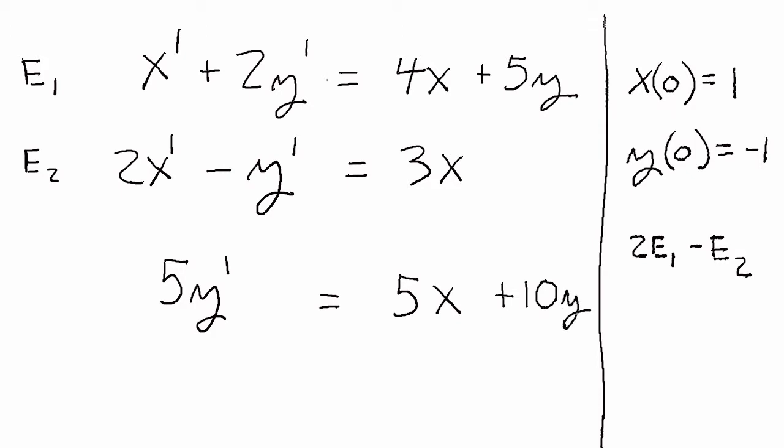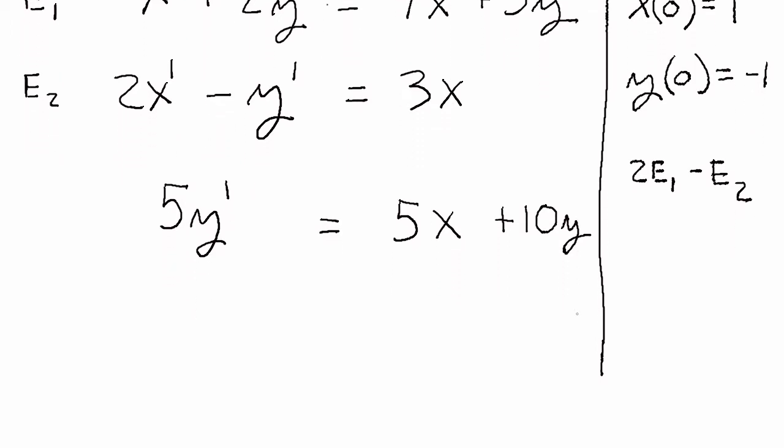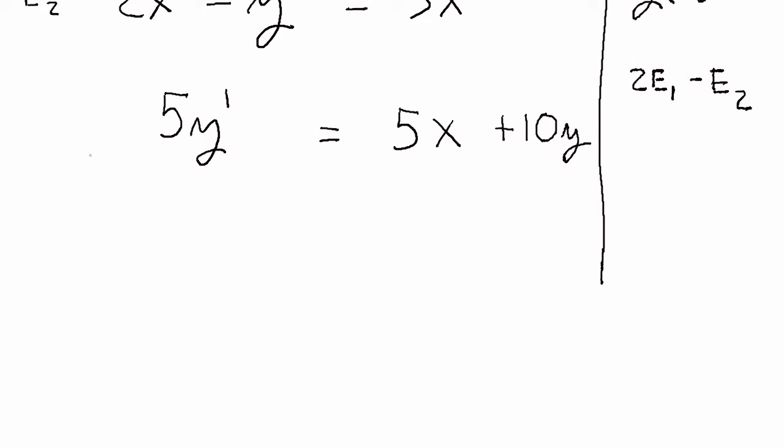The idea of this technique is that I'm now going to solve this equation for x, and then I'll be able to find the derivative of x in terms of y. If I solve this equation for x, I get that x is equal to just y prime minus 2y.